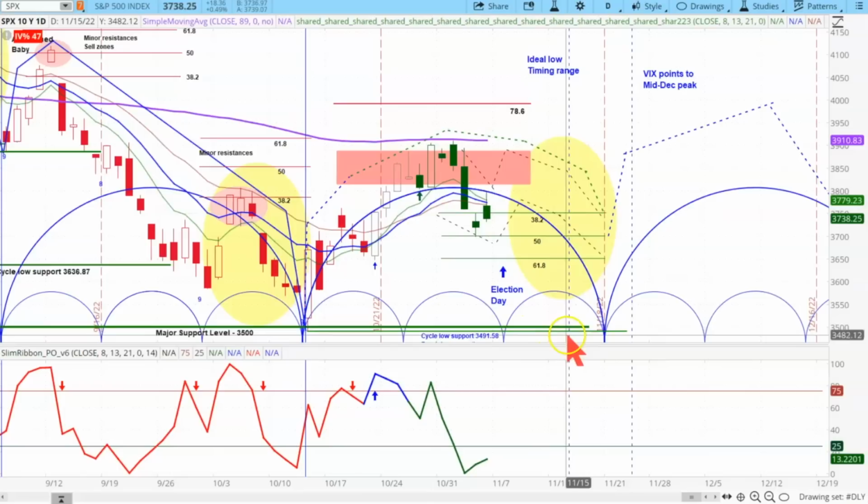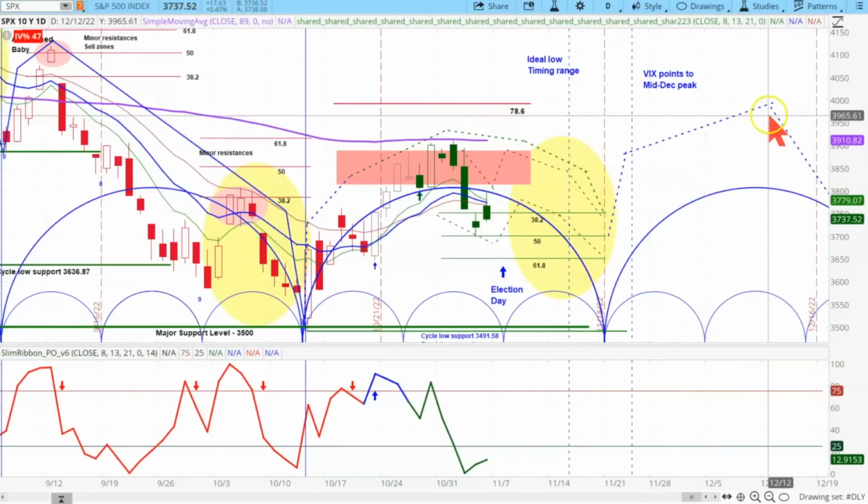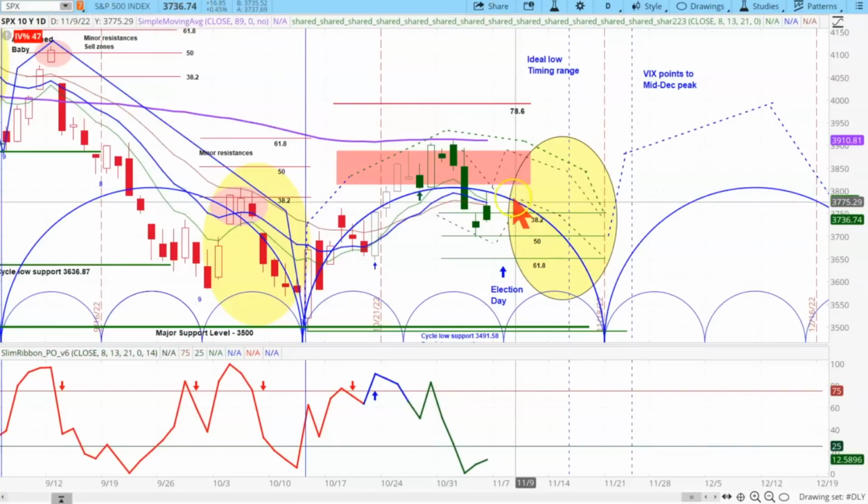So right now, that's a low probability, and the highest probability is this choppy upward trend we see out towards the 4,000 area, out into mid-December, and then into sometime in January again. Choppy action.